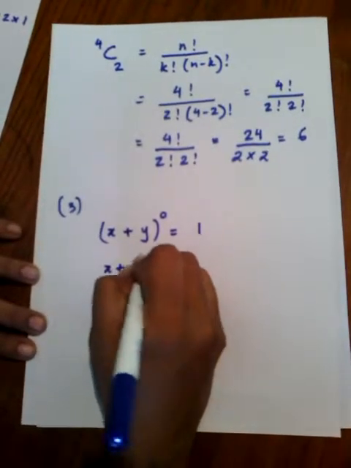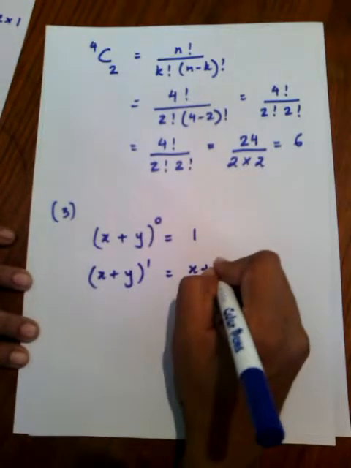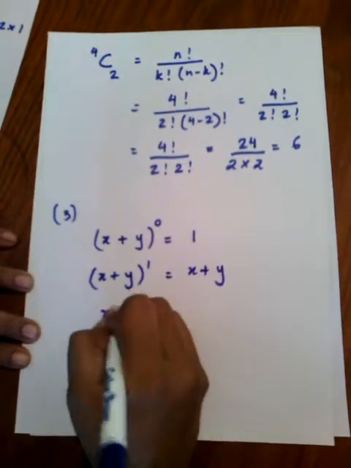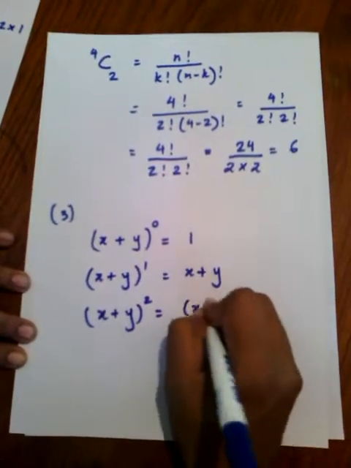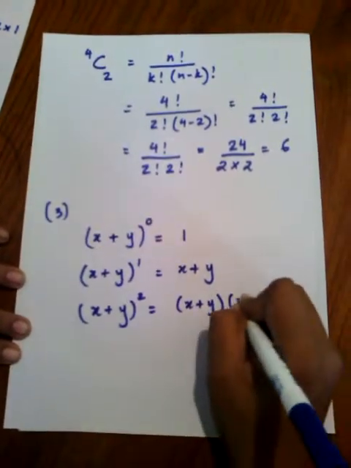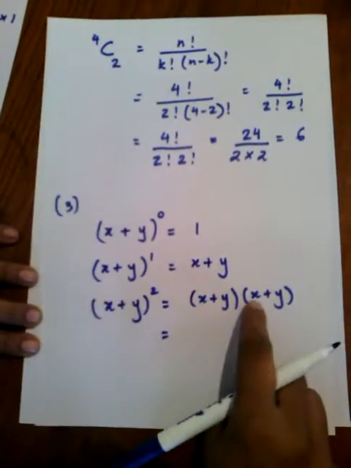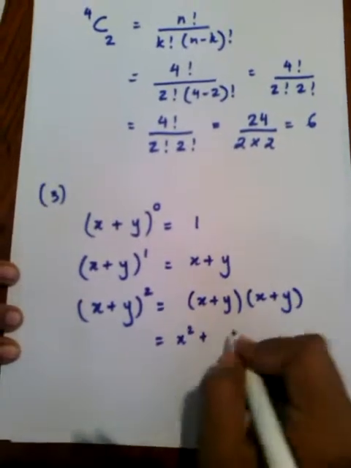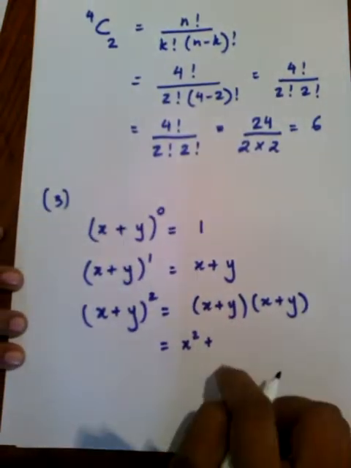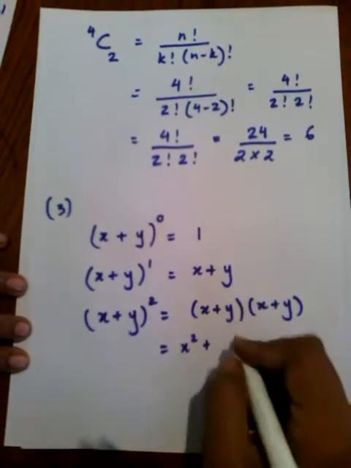X plus y raised to 1 is just x plus y. X plus y raised to 2 is x plus y times x plus y. And you can work this out, so that's x times x, which is x squared, plus x times y, that's xy, but you have to add yx as well, that's y times x.